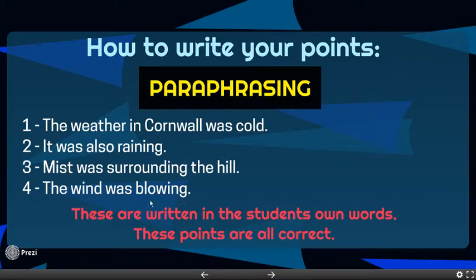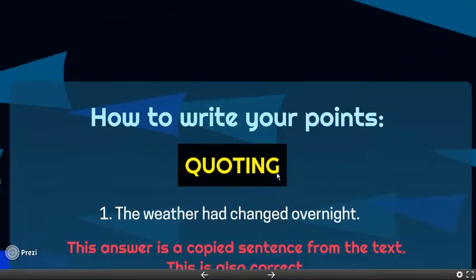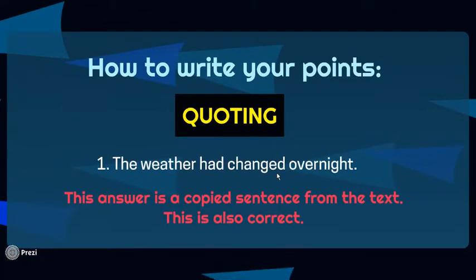So the student who answered like this just wrote the information in their own words, and that's absolutely fine. That would be accepted by the exam board. Alternatively, if it was appropriate, then you could just directly quote from the text. So, for instance, the weather had changed overnight is exactly how it's written in the text, and that is also correct. So either way is absolutely fine.